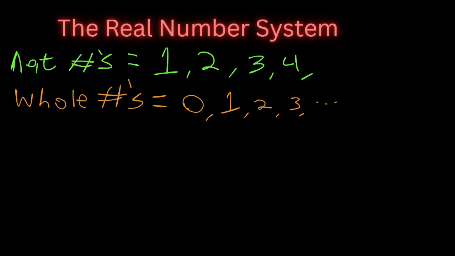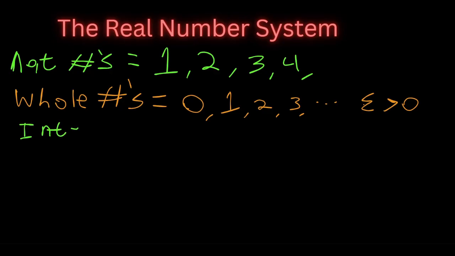So whole numbers is the whole set greater than or equal to 0. So we could say all real numbers greater than or equal to 0. All right. So that's whole numbers.